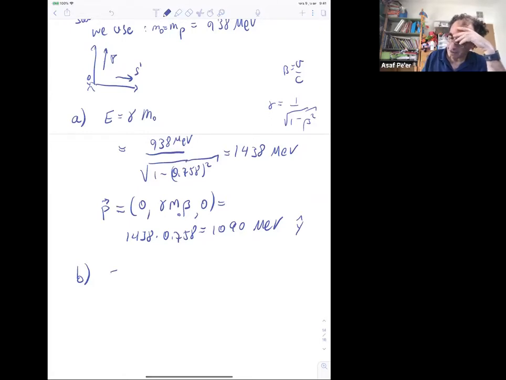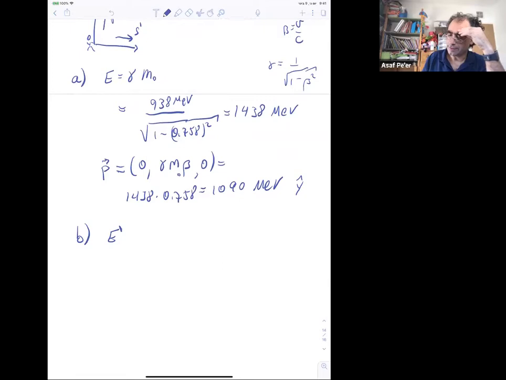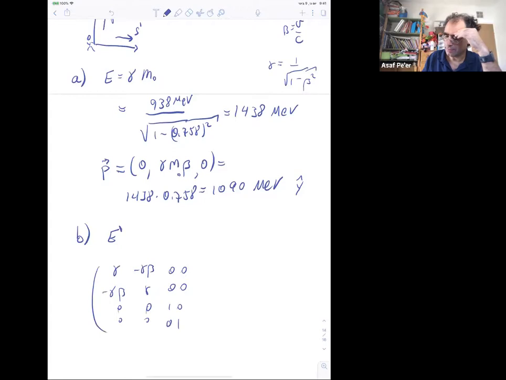So what is the energy in the S prime frame? Well, the way I do it, I just remember it by heart. I write the matrix with gamma, minus gamma beta, minus gamma beta, gamma, and then 0, 0, 0, 0, 1, 0, 0, 1, times E, Px, Py, Pz, which gives E prime, Px prime, Py prime, Pz prime.